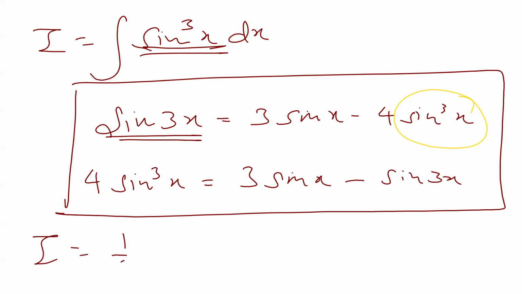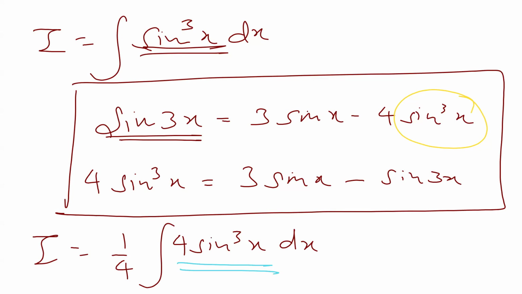Now multiply and divide with 4. So for sine cube x problems and cos cube x problems, multiply and divide with 4. Okay. Now have we got really the value of 4 sine cube x? Look inside the box.